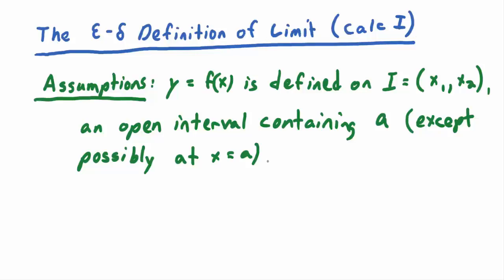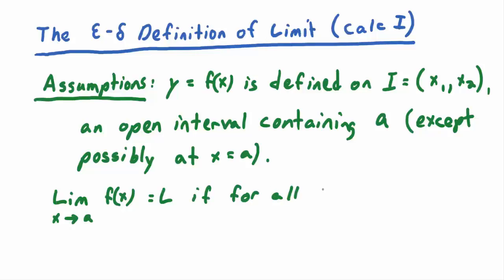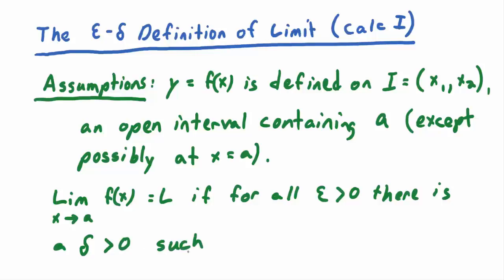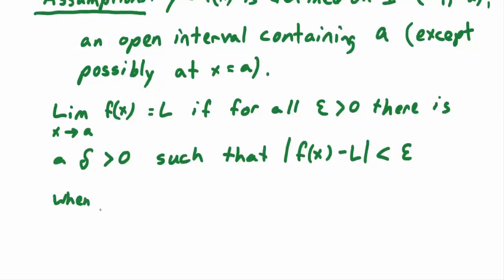Okay, so here's the definition. We'll say the limit of f of x as x approaches a is equal to L if for all epsilon greater than 0, there is a delta greater than 0 such that the distance between f of x and L, which we could write as the absolute value of f of x minus L, is less than epsilon whenever the distance between x and a, the absolute value of x minus a, is less than delta, but not equal to 0.